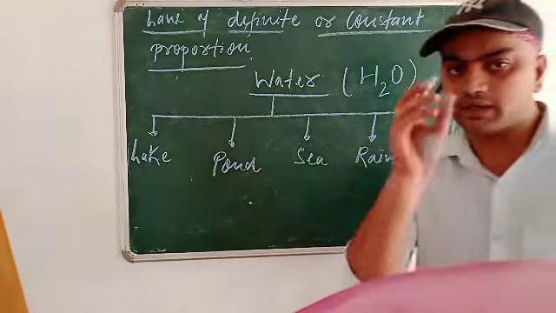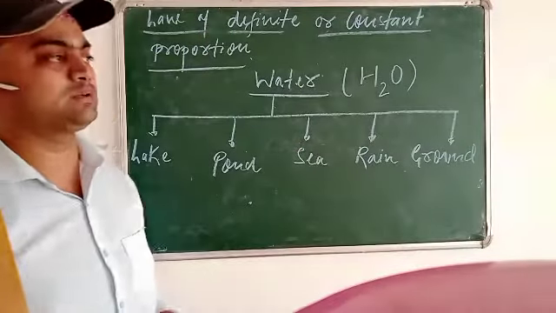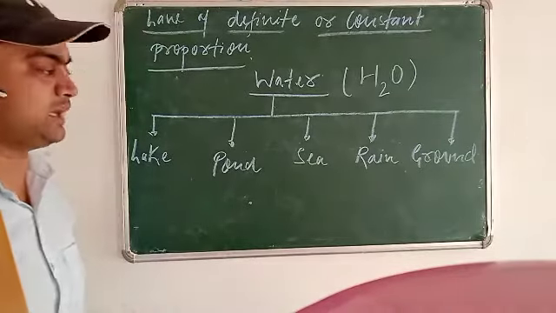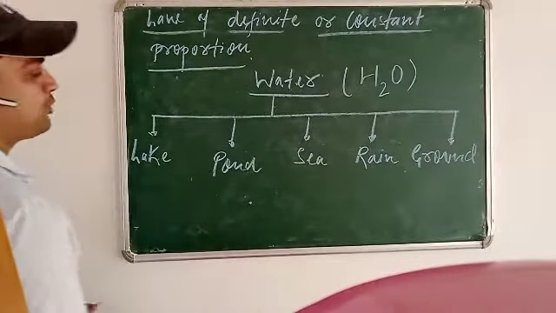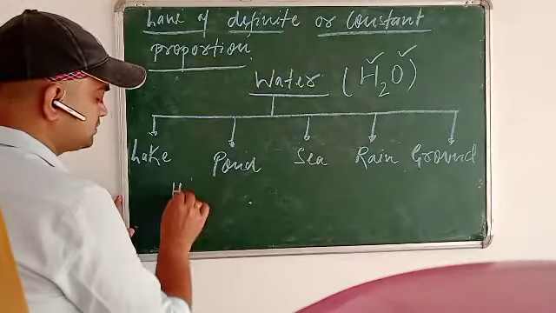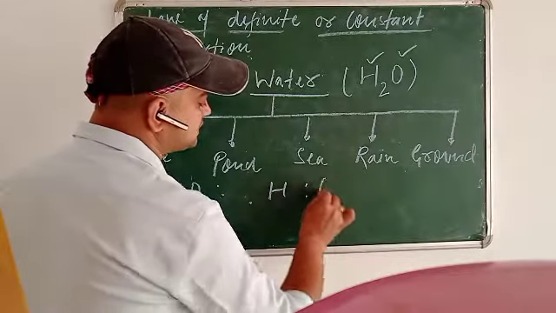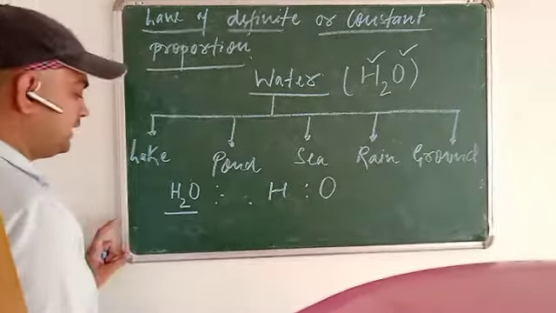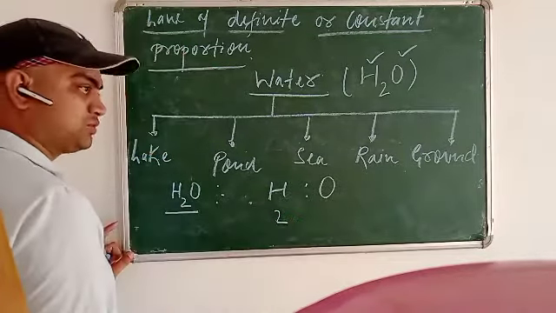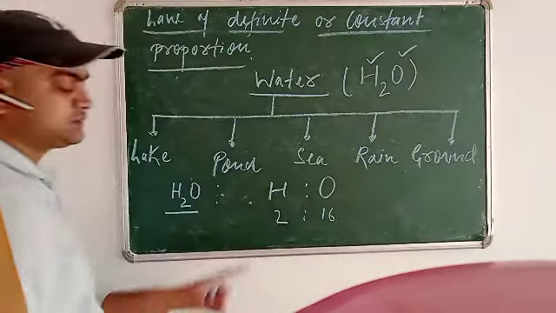No, because the composition of water remains the same whichever source we take it from. So what will be the proportion of hydrogen and oxygen in water? In H2O the two elements hydrogen and oxygen are given. The number of hydrogen atoms is 2, so the mass of hydrogen will also be 2, and oxygen is only 1 atom, and the atomic mass of oxygen is 16.